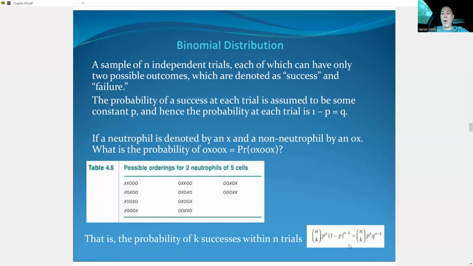And here is my equation for figuring out the probability of a particular number for the binomial distribution. Now, you'll notice here that if we call an x a success and o a failure, then 5 choose 2 will give me the number of ways that I can distribute the x's among the o's distinctly. And here's my formula for the probability.